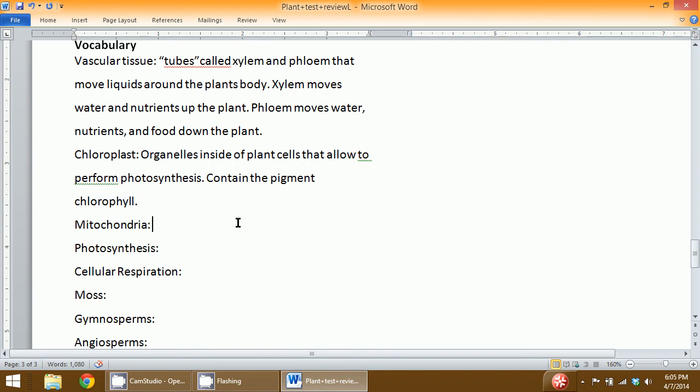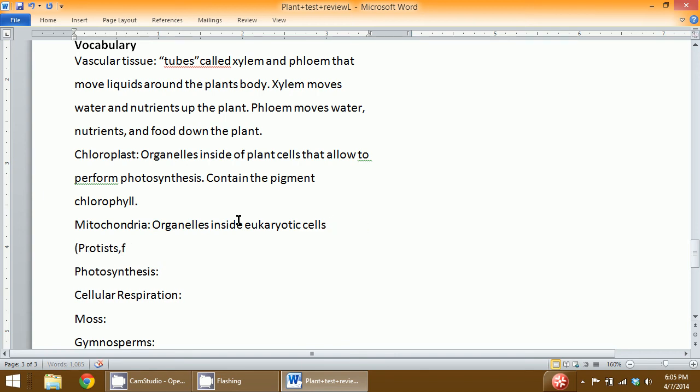Mitochondria are inside of eukaryotic cells, which includes protists, fungi, animals, and of course plants, who must use that food they made.